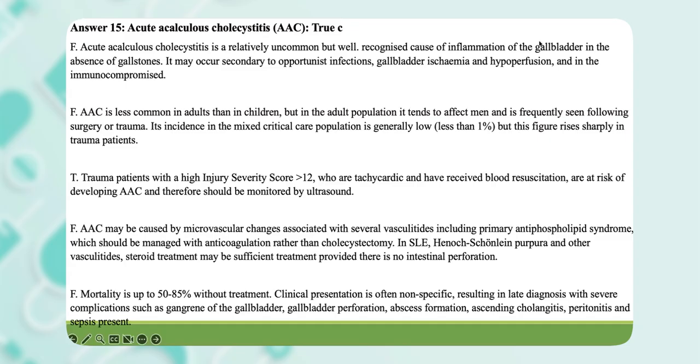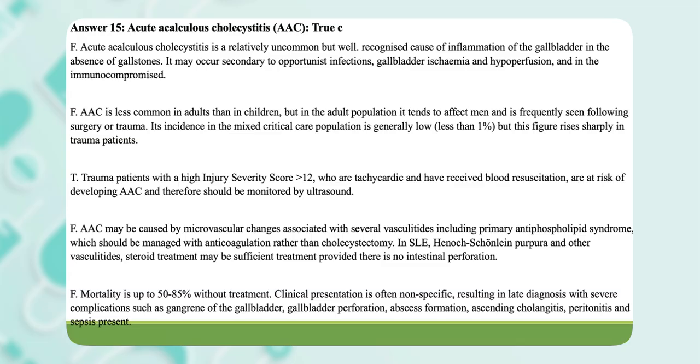So you can use low dose steroid if there is no perforation from the acalculous cholecystitis. Mortality is up to 50 to 85% without treatment. Clinical presentation is often non-specific, resulting in late diagnosis and severe complications such as gangrenous gallbladder, gallbladder perforation, abscess formation, ascending cholangitis, peritonitis, and sepsis.